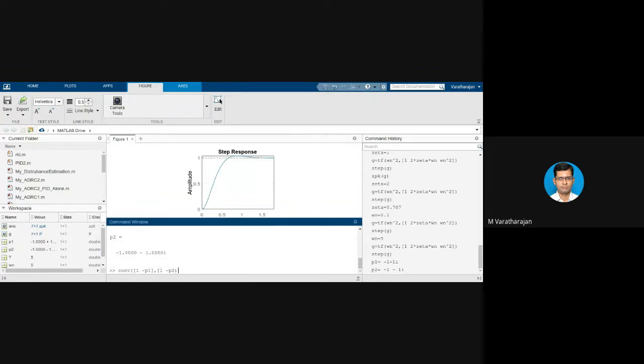Why? Because if you have pole positions p1 and p2, in the denominator of your transfer function you will have factors like s minus p1, s minus p2, etc. So for that, we create a first order polynomial. The s coefficient is 1 and the s power 0 term is minus p1.